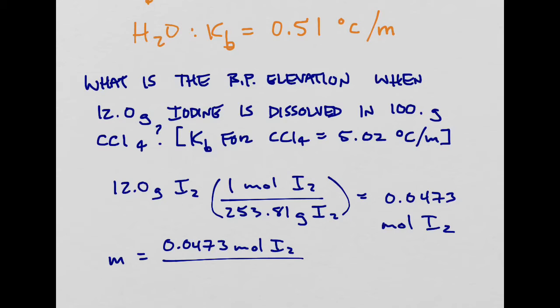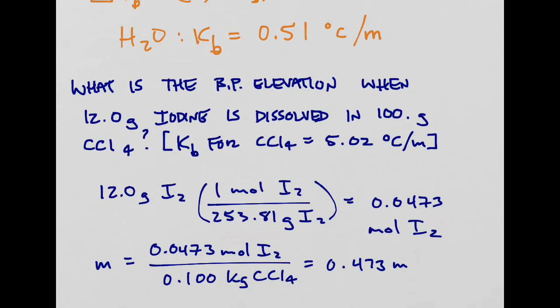If you have 100 grams of carbon tetrachloride, that's equivalent to 0.100 kilograms. It's very important that you convert that. When you put that together, it works out to be 0.473 as my molality. Now, obviously, we aren't done because what I want here is not the molality. I want to know what my boiling point elevation is for this.